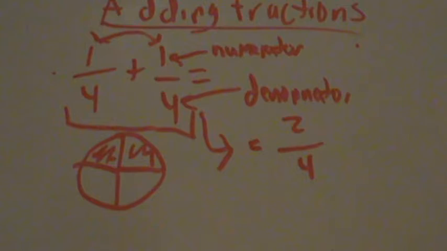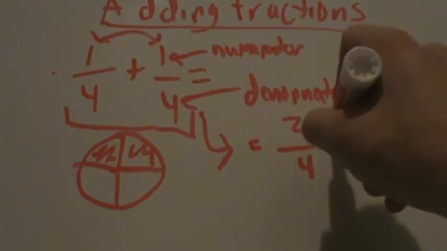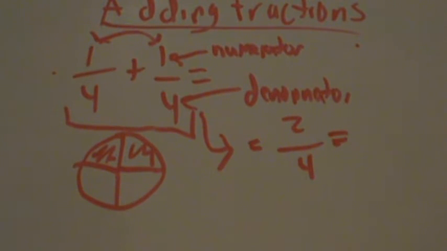Well, let me talk to you about reduction now. So this fraction can be reduced, and typically, when you write numbers, you want to have them in the lowest fractional form when you give an answer, because it's usually easier that way.